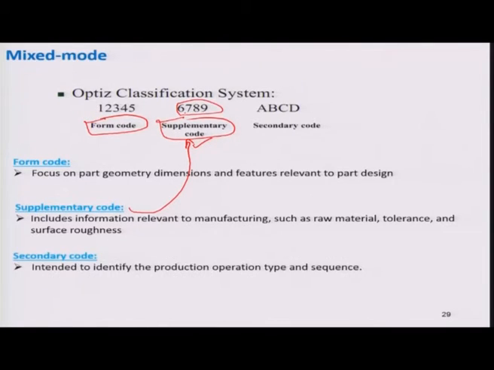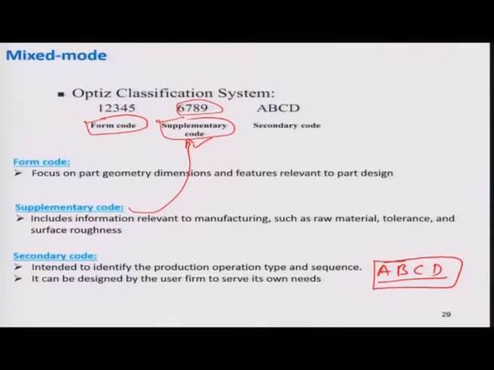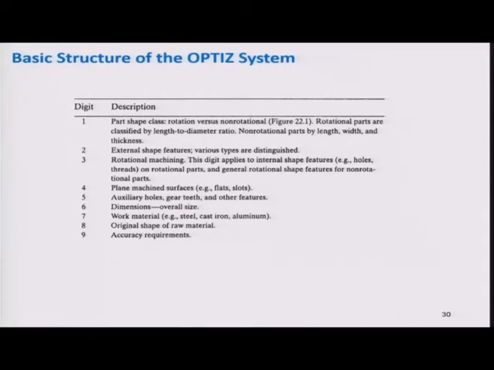And the secondary code is intended to identify the production operation type and sequence, and it is generally signified by A, B, C, D. It can be designed by the user firm to serve its own need, so it is not a standard coding system. You can change your coding system according to your requirement.